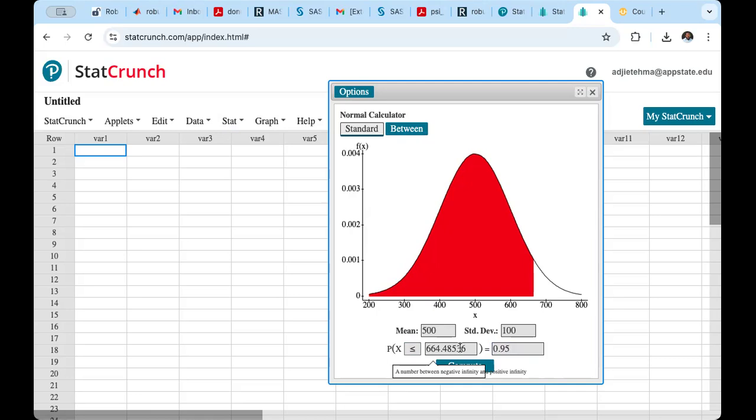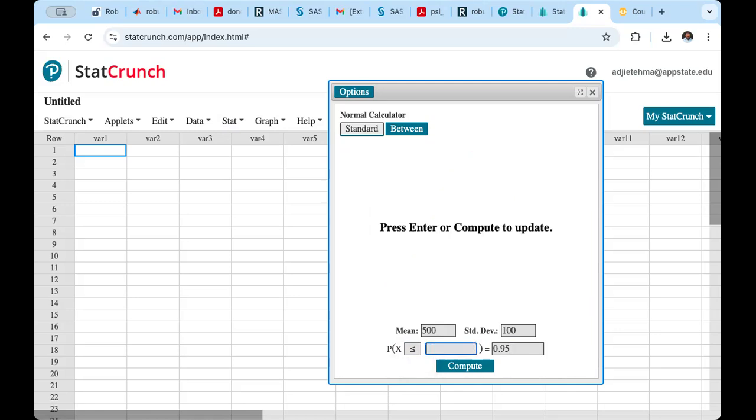I'll go over how to compute the percentile again. To compute a percentile, we come to standard, and then we make sure that here is less than. And then we leave here blank, and we come and put the percentile here.